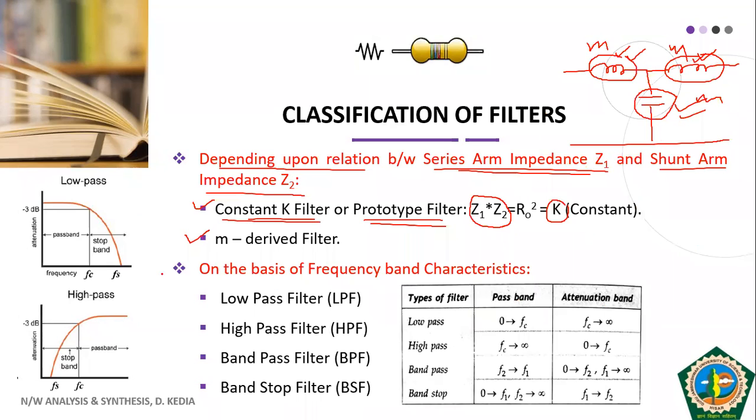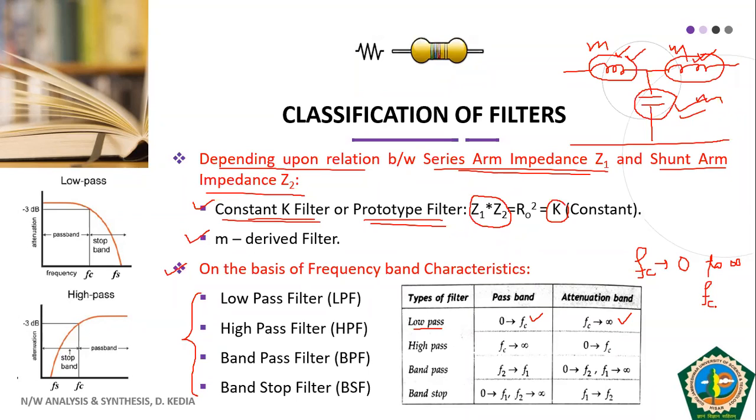The next category of filter is on the basis of their frequency band characteristics, and this is pretty well known to all of you. We have low pass filter, high pass filter, band pass filter, and band stop filter. Low pass filters pass frequencies from 0 to fc, and they stop frequencies from fc to infinity, if we assume that our frequencies extend from 0 to infinity, and somewhere we have fc in between.